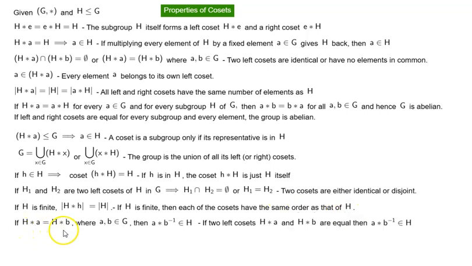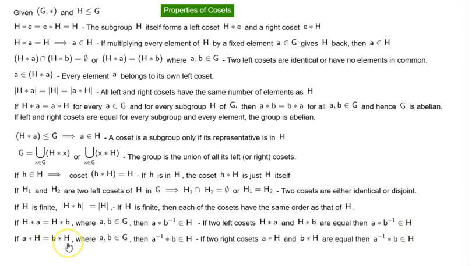If H times A is equal to H times B, where A and B are in G, then A times B inverse is in H. So if two left cosets H times A and H times B are equal, then the product of A and B inverse is in H. If A times H is equal to B times H, where A and B are in G, then A inverse times B is in H. So here we looked at left cosets.